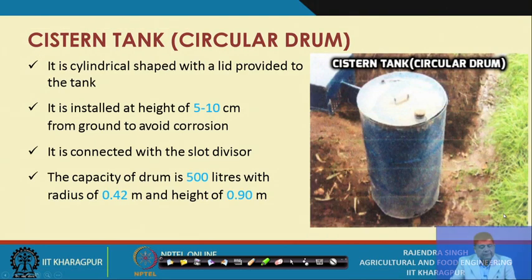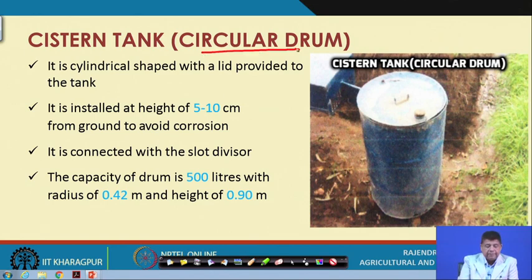And then finally, we have a cistern tank, which is nothing but a circular drum of cylindrical shape with a lid provided to the tank, which is quite obvious, to keep any foreign elements from entering the sample. Typically it is installed at a height of 5 to 10 centimeters from the ground to avoid corrosion, because it is typically a metallic cylinder.